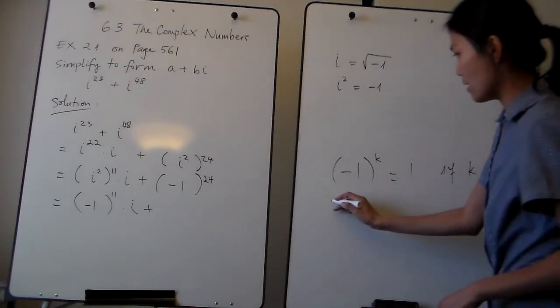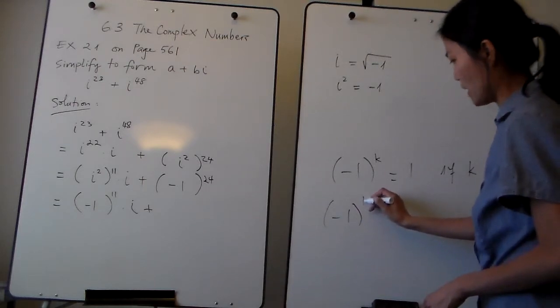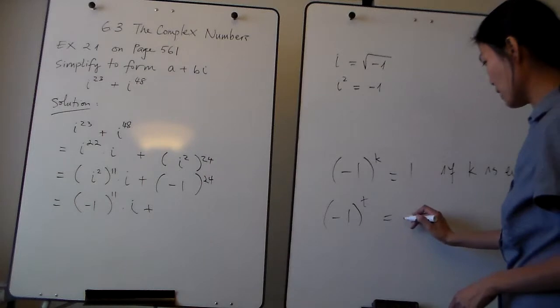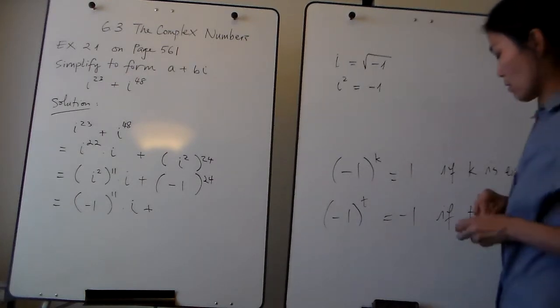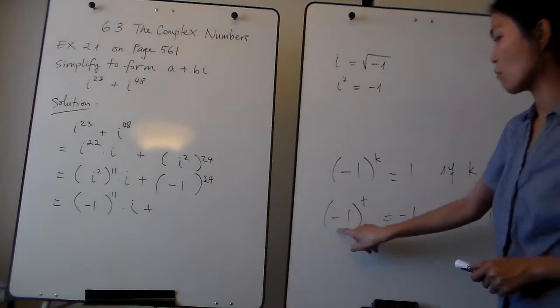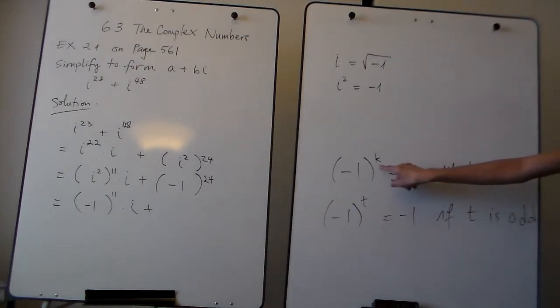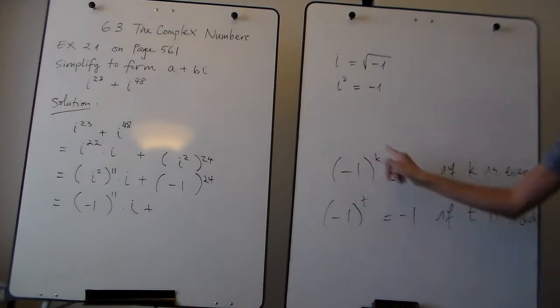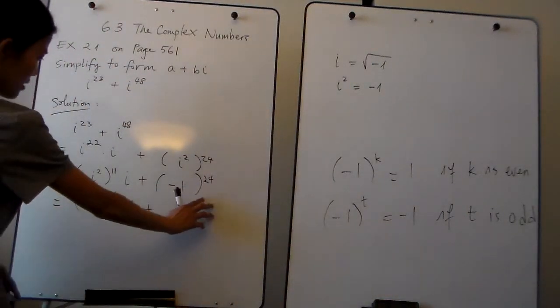And similarly, let's say t: -1 to the t will equal -1 if t is odd. So when you raise -1 to an odd exponent, it equals -1. If you raise it to an even exponent, it simplifies to 1.